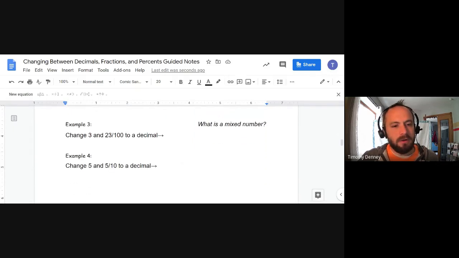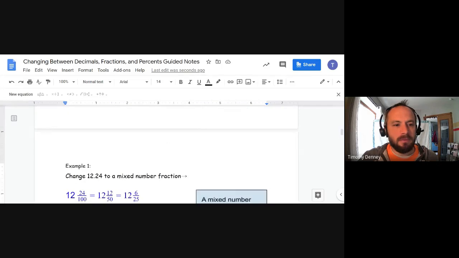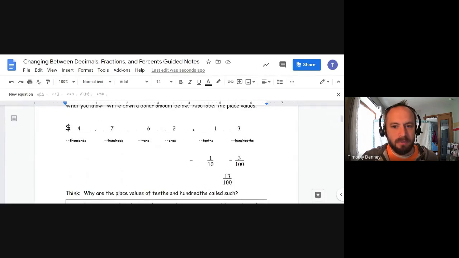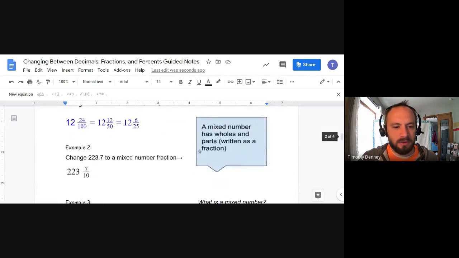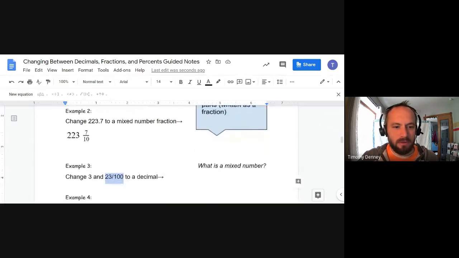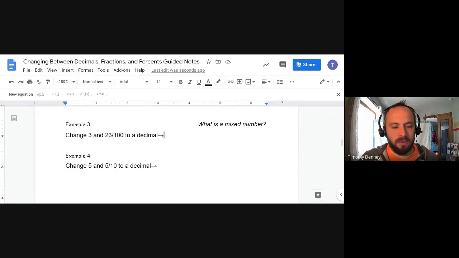All right, well, what about going now from a fraction to a decimal? So we've gone from a decimal to a fraction. What about how do we go from a fraction to a decimal? So this one, if you notice, is over 100.